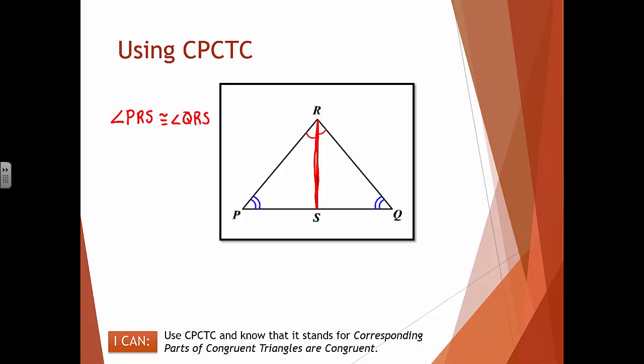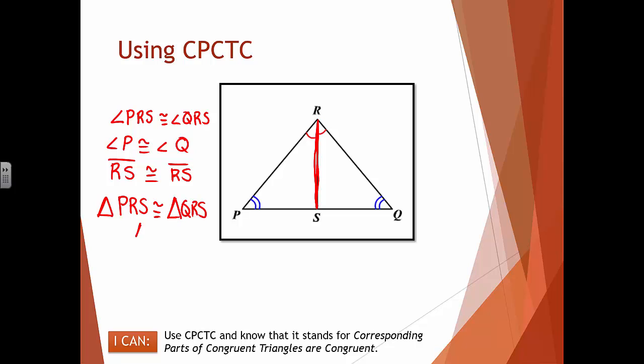That was given to us. We also know that angle P is congruent to angle Q. That was given to us. And then we could also say that RS is congruent to RS by the reflexive property, which makes triangle PRS congruent to triangle QRS by angle, side. Okay, so that's why those two triangles are congruent.